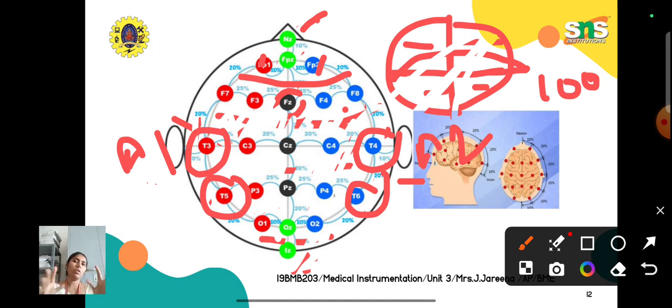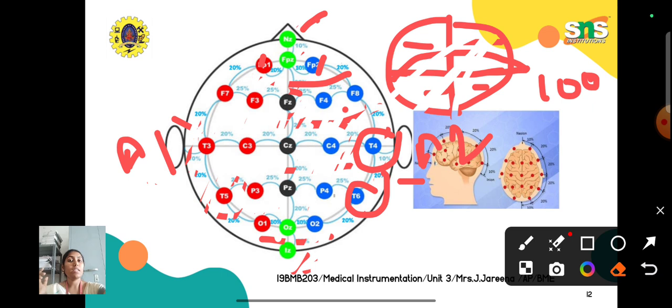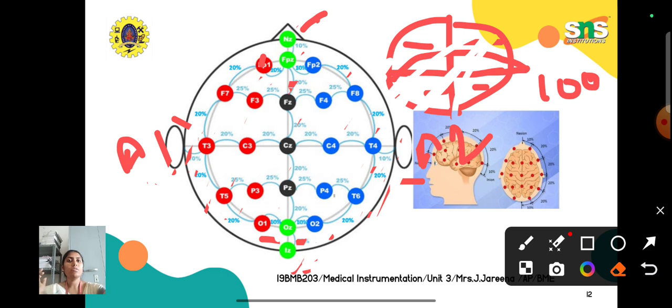This is how we have to give the naming for the electrode placements. Once the electrodes are fixed and placed in their respective positions, you can easily record the activity of each and every lobe. Now you come to know why the name 10-20 electrode system has been given to this electrode configuration.